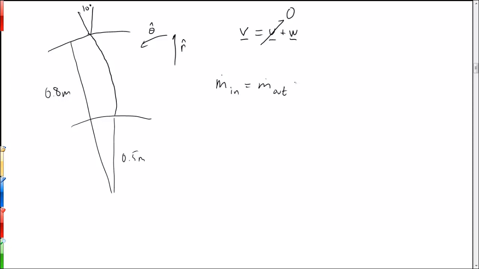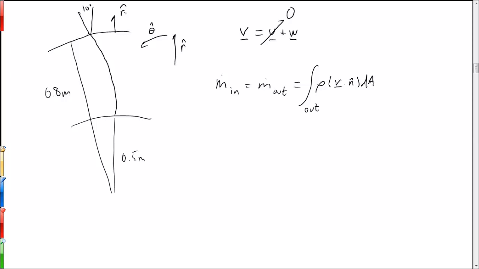And the mass flow rate out is just going to be equal to the integral over the outer surface of our control volume of the density times the velocity dotted with the normal direction, integrated across the area. But our normal vector to the outlet is just going to be r hat because it's a radial device.